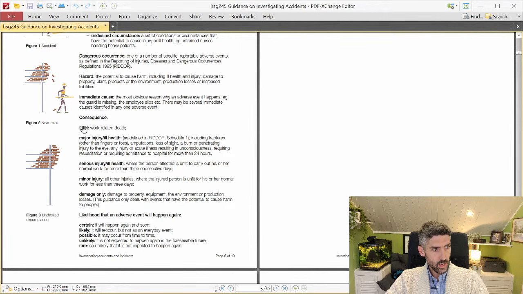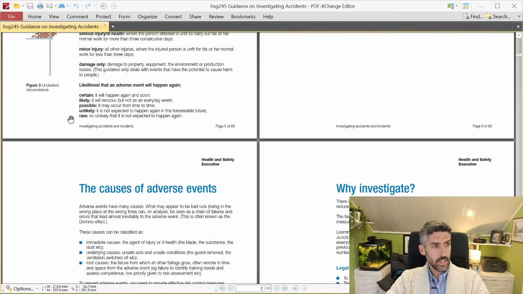So I'm going to select fatal for the consequence. And then in terms of likelihood, my thinking is it's going to be somewhere between likely and certain. Yeah, I think certain on this one. It'll happen again and soon, based on the factors that we're going to now talk about in the main part of the answer to the question.